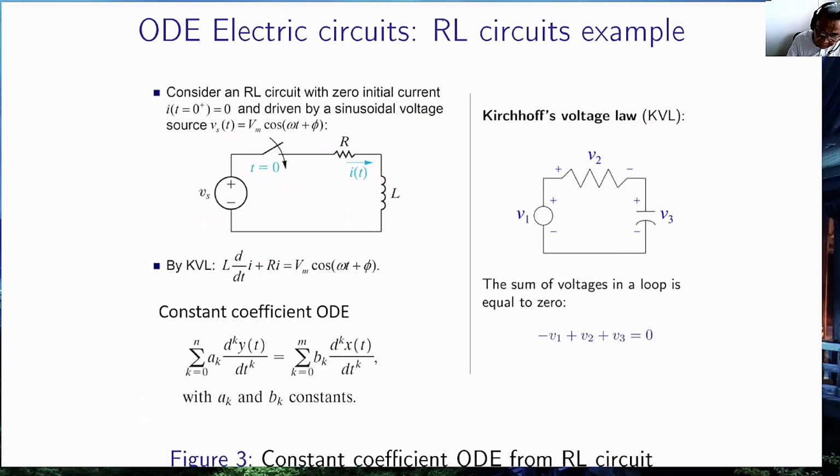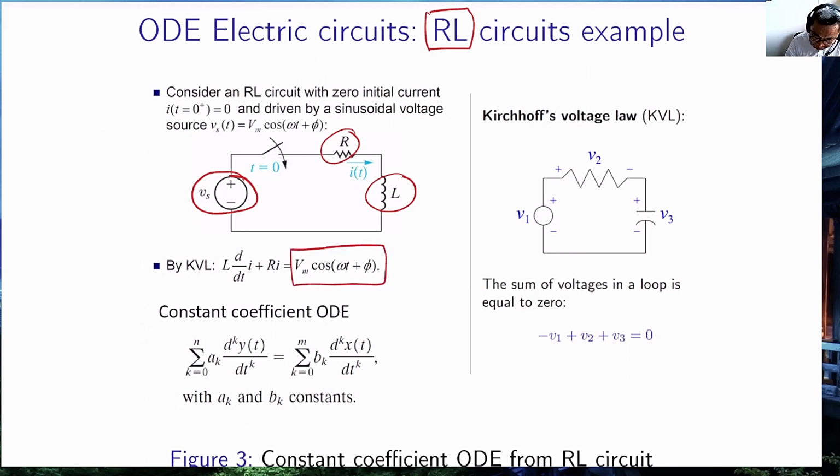The first example we'll deal with is the RL circuit. We have a resistor here and an inductor here in series. Series means one followed by another. Now we have a voltage source, and in this particular case we have an AC source.